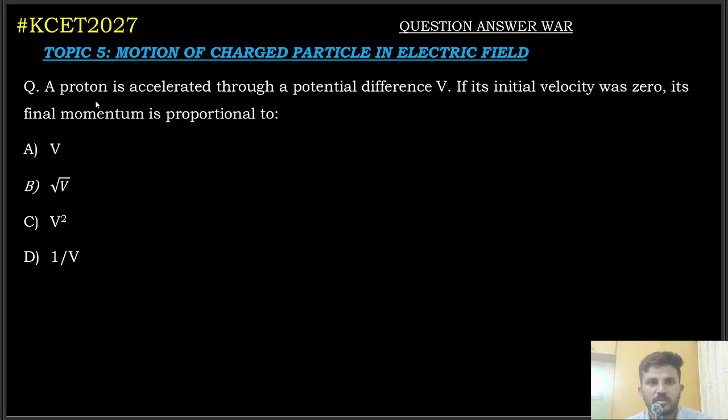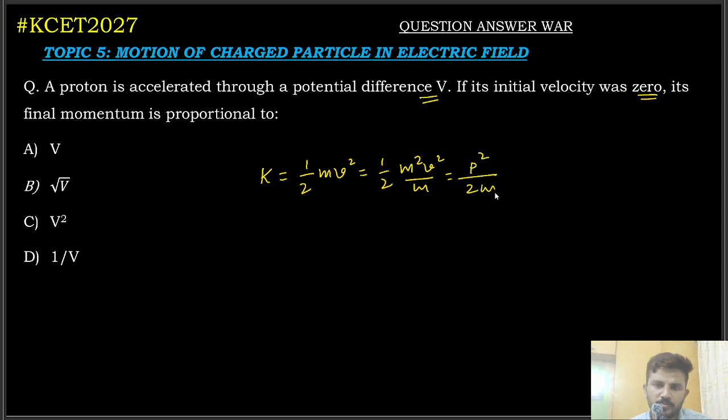Next we have a proton accelerated through a potential difference of V. Initial velocity is 0 and its momentum is proportional to what? So the kinetic energy is given by half mv square, which can also be written as half m square v square by m, that is p square by 2m.